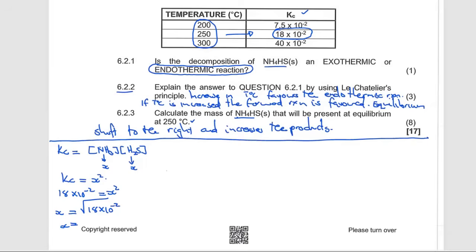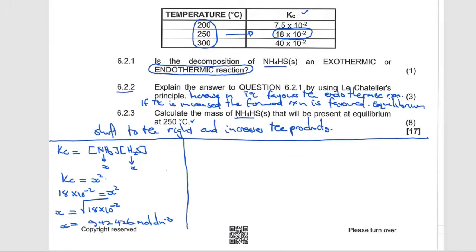Punching that in our calculator, it gives me a value of 0.426, like that, right? So this is our concentration, in mole per dm cube. So each has got that concentration.